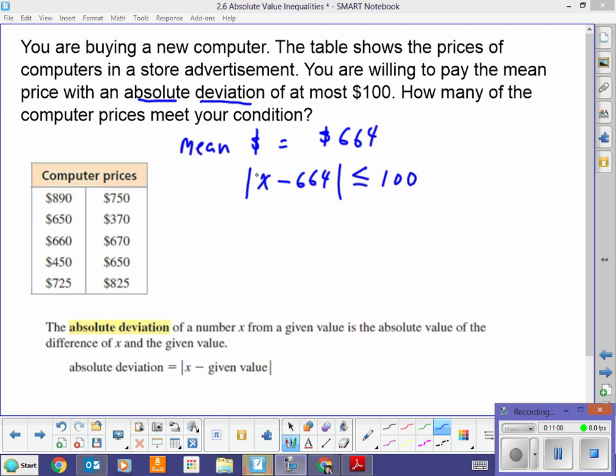Because remember, if I have a number in here that's smaller than 664, and I subtract 664 from it, it's going to come out negative. But then the absolute value makes it positive. So my compound inequality looks like this.